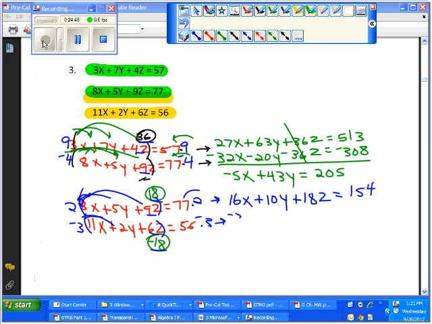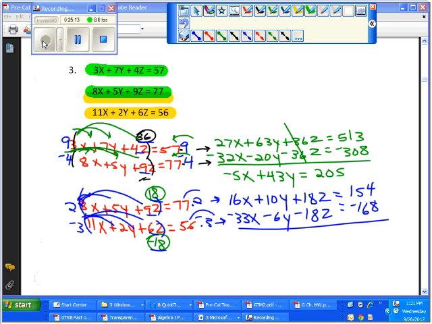Negative 3 times 11 is negative 33x. Negative 3 times 2 is negative 6y. Negative 3 times 6 is negative 18z. Negative 3 times 56 is negative 168.